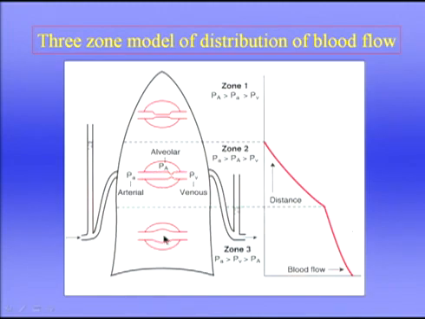The collapsible tubes, the capillaries are held open, and blood flow is determined in the usual way by arterial minus venous pressure. Why does blood flow increase down this region? Well, probably because of recruitment and distension of vessels. But the reasons for the increase in blood flow down zone 3 are not the same as those down zone 2.